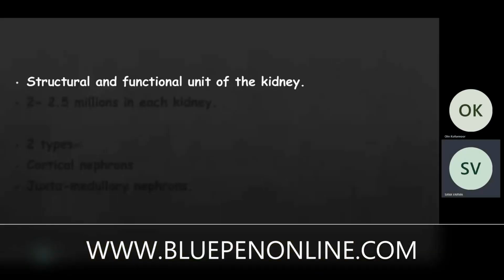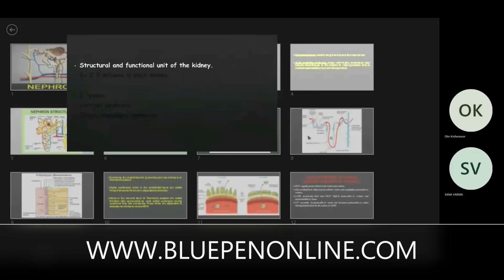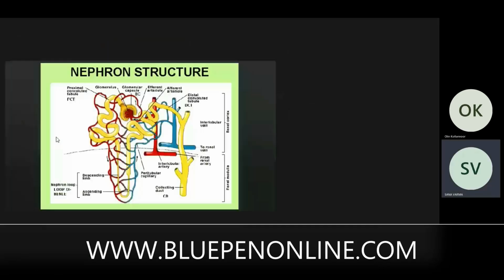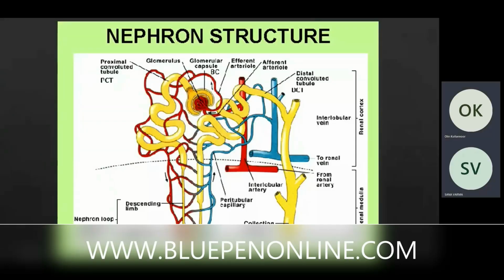About the nephron, the structure is like this. The nephron is divided into two major parts, the renal corpuscle and the renal tubule portion.